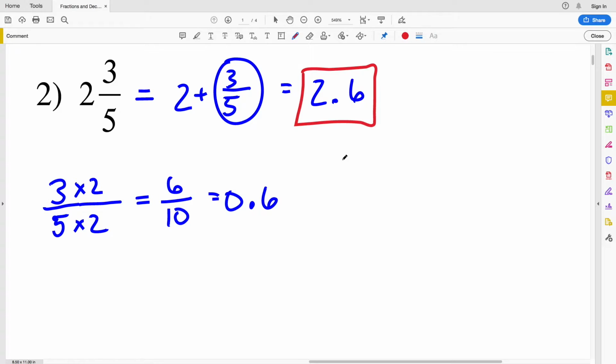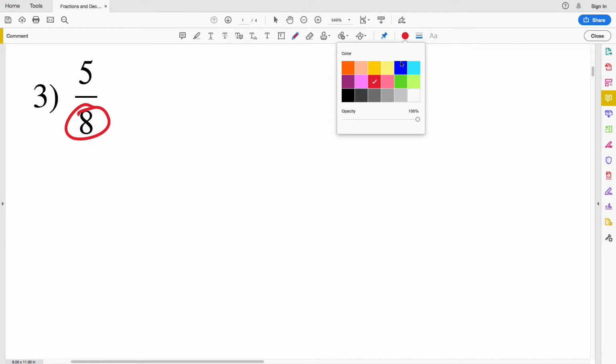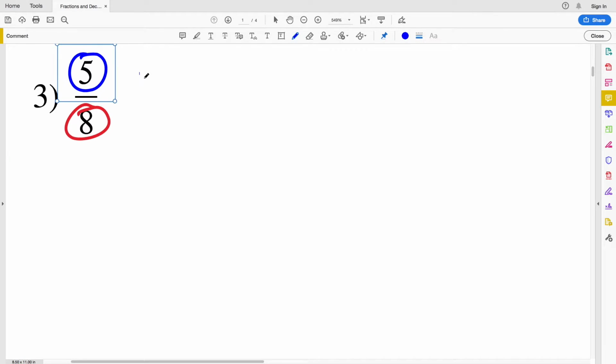Let's move on to number 3. In number 3, we have 5/8, which 8 doesn't go into 10, it doesn't go into 100, it does go into 1,000, but it would be hard to know that just by looking at it. So let's go ahead and calculate this using long division. So we'll take our numerator of 5 and we'll divide it by 8.